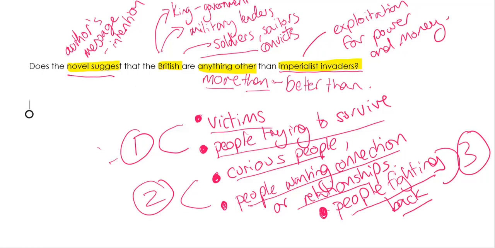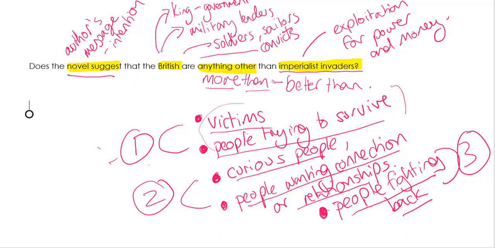What I'm going to do when I construct my paragraph, you'll see here I've looked at this already and thought this through, is make my first paragraph around these victims and people trying to survive.